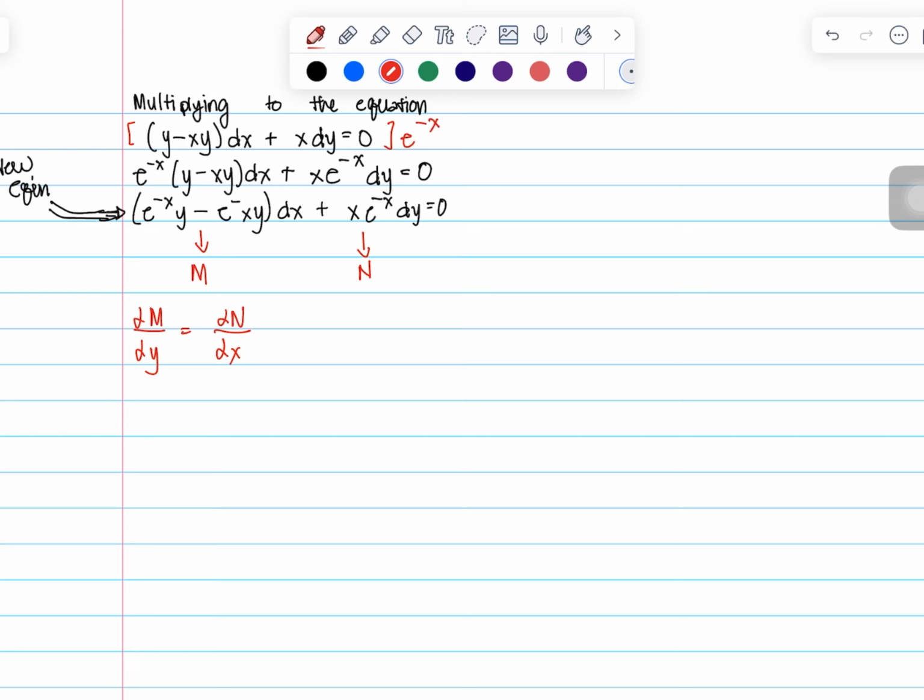Now, what is the partial derivative of m with respect to y? So what is m? We have e to the negative x y minus e to the negative x x y.